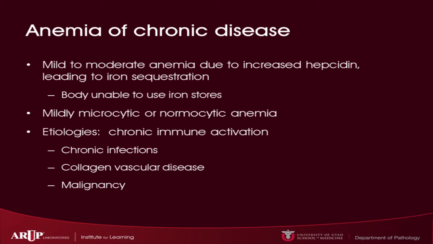So the body has a lot of iron in the stored form, like in macrophages. If we look at the bone marrow or spleen, we'll see a lot of stored iron, but for some reason the physiology of the iron is messed up so much that we cannot really utilize that stored iron. So if we look at the serum iron, the peripheral iron in the blood, that is usually decreased.